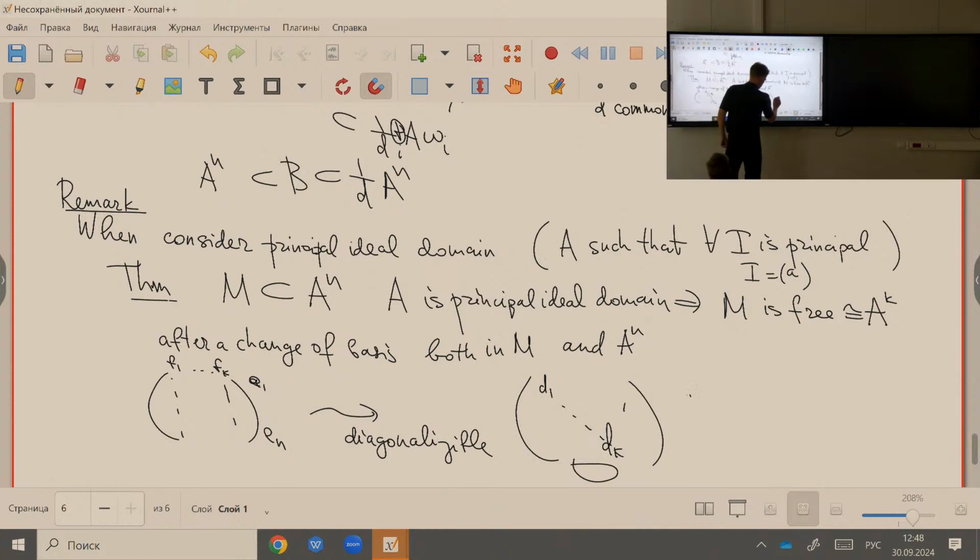So d1 is divisible by d2, d2 divides d3, etc. This is the way you can describe the matrix, and this will be useful for our later discussion.